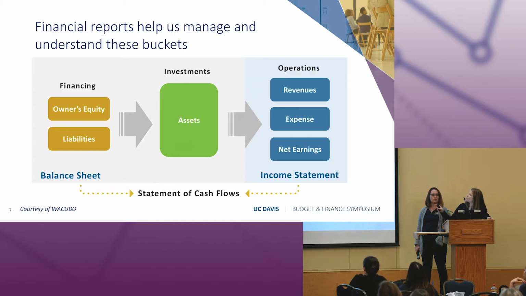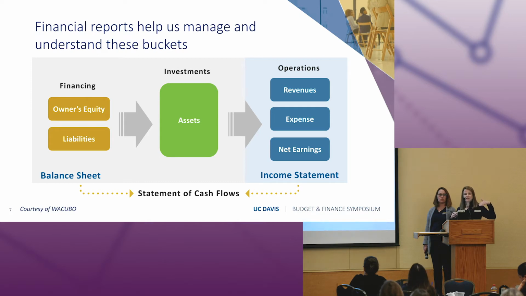All right, and I did want to point out the statement of cash flows. So Denny mentioned it earlier as a very important financial report or part of the financial report. And it really is something that helps you understand kind of where the money comes from and where it goes. So operations is really where you look at if you have positive operating cash flow, it means you're actually generating money.